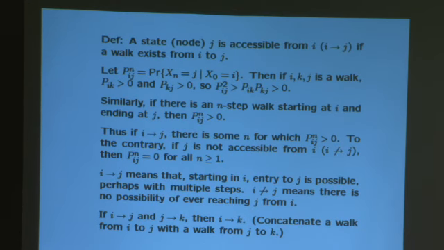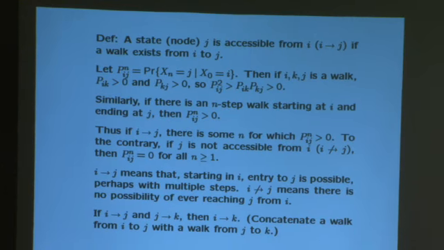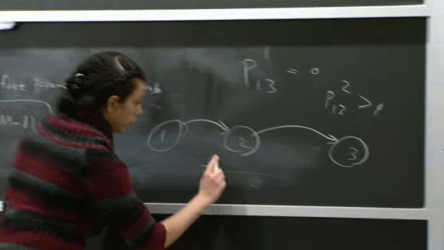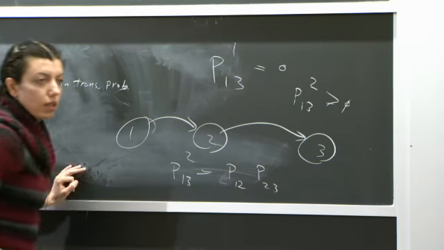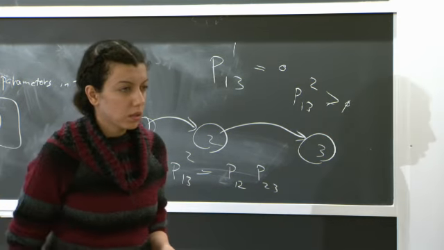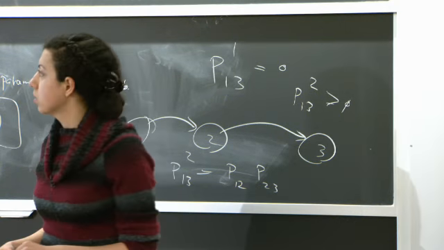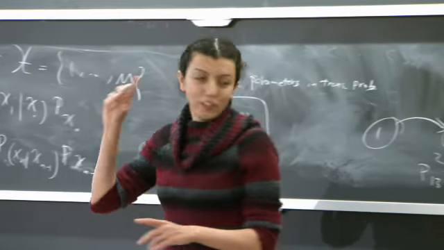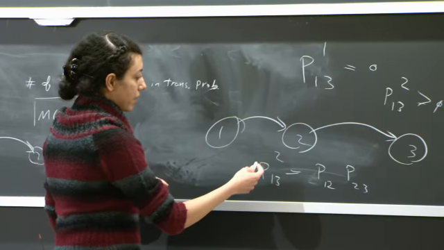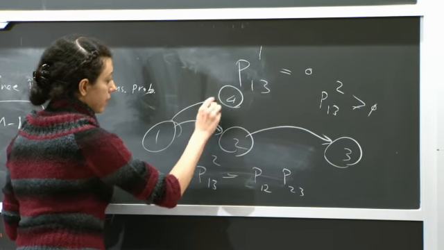Sorry, is it so P^(2)_ij though? Couldn't it be equal to P_ik P_kj? Yeah, exactly. So in this case, P_13^(2) is equal to P_12 P_23. So I guess I'm asking if P^(2)_ij should be greater than or equal to P_ik P_kj. Oh, okay. No, actually, you know why? Because there can be some other state like here.